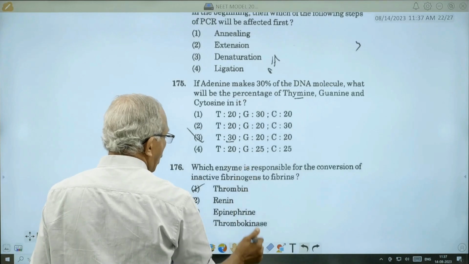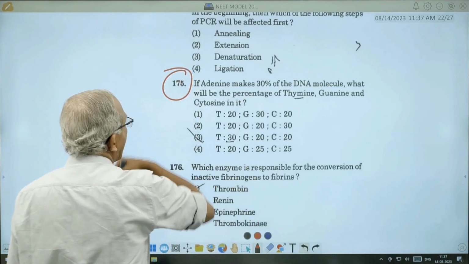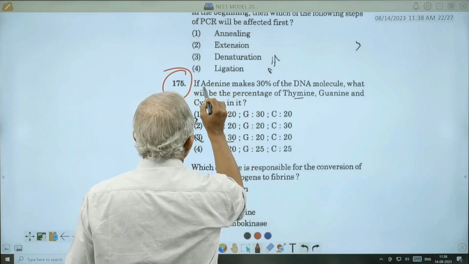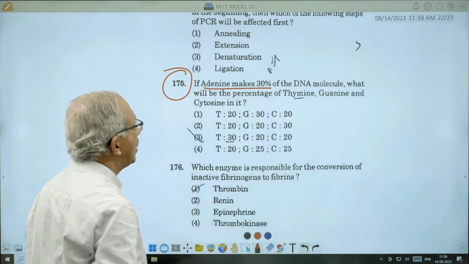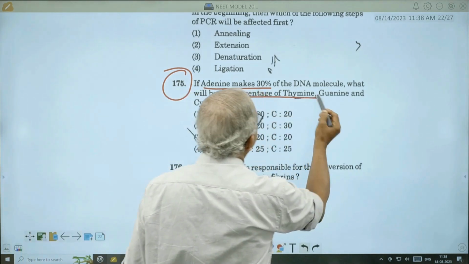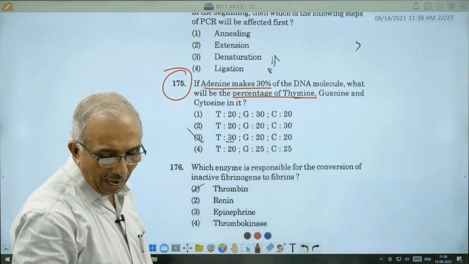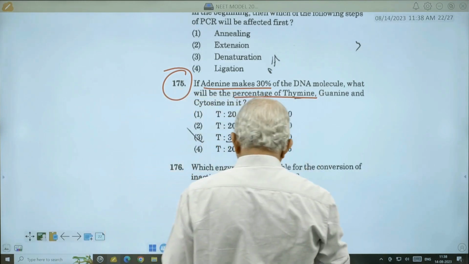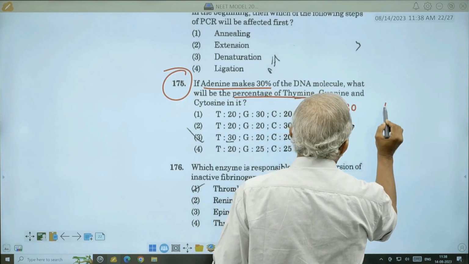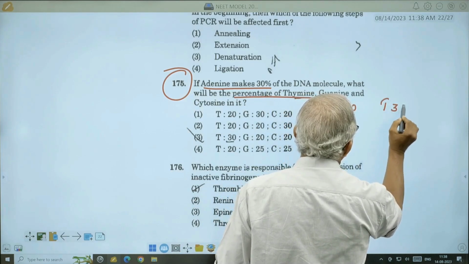Next question of botany side is this one. If adenine makes 30% of the DNA molecule, what will be the percentage of thymine and guanine? If adenine is 30%, thymine is also 30%.